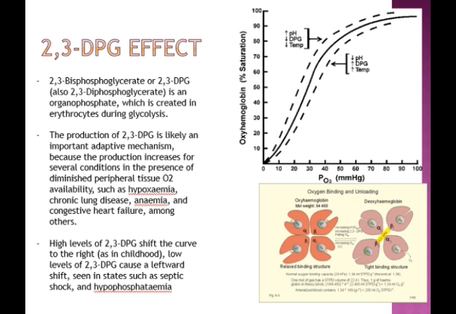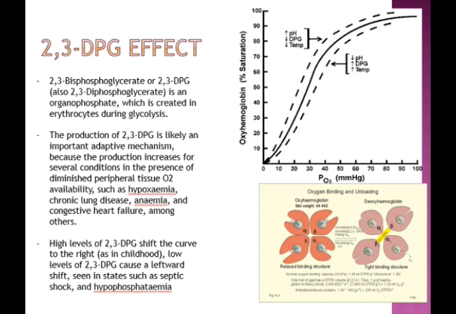So, but what about 2,3-DPG? This is a very special organophosphate. It's created in erythrocytes during glycolysis. When this is released in your blood, it causes the oxygen to be released more. It is something like an adaptive mechanism.